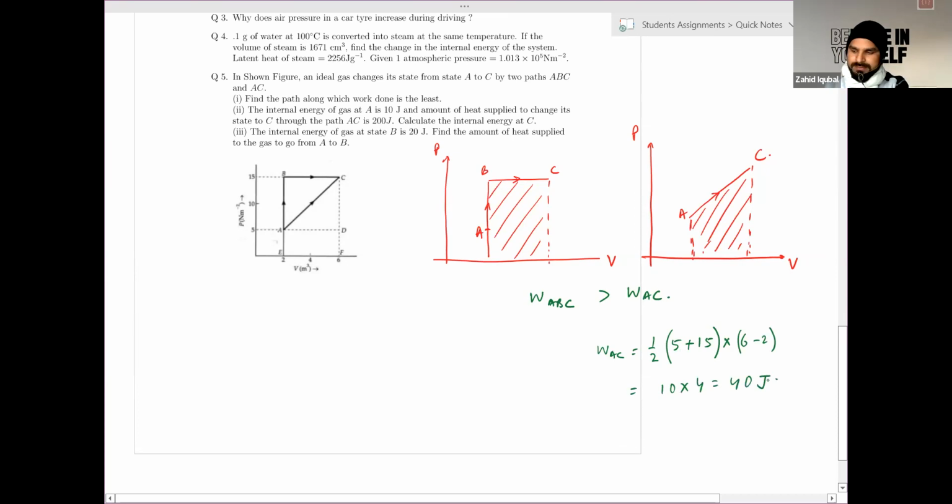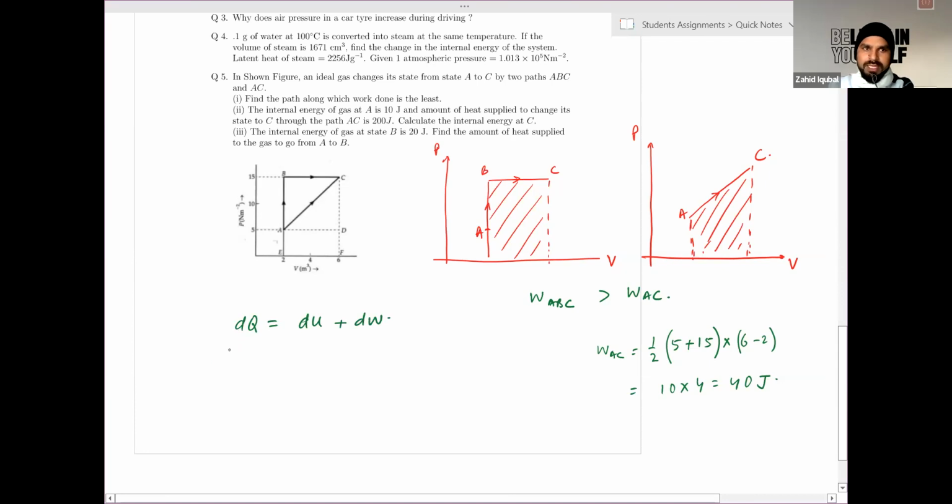Samira, is it clear? Yes, sir. This is the amount of work done from A to C. So according to the formula, heat equals change in internal energy plus work done.